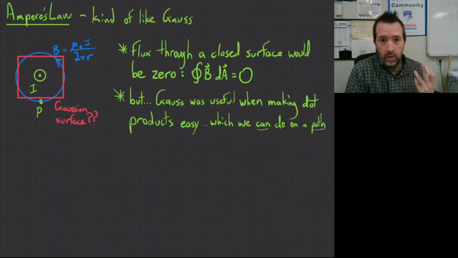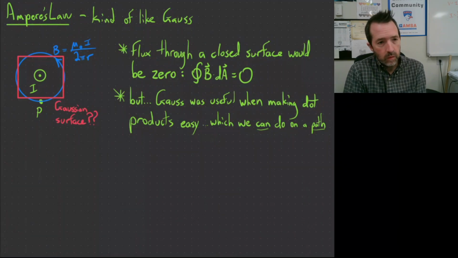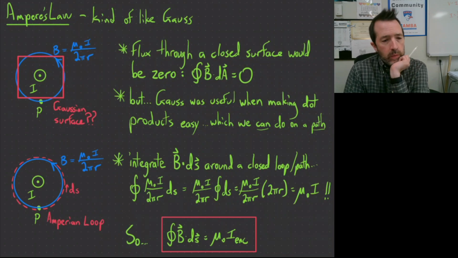And there is a way to get some trivial dot products with that magnetic field line, but instead of making a closed surface and calculating flux, what I want to do is draw a path. So at the bottom is what that's going to look like.